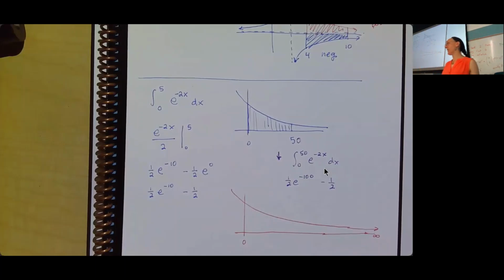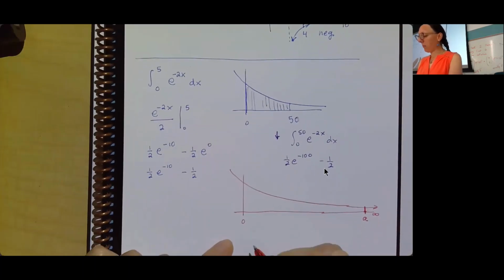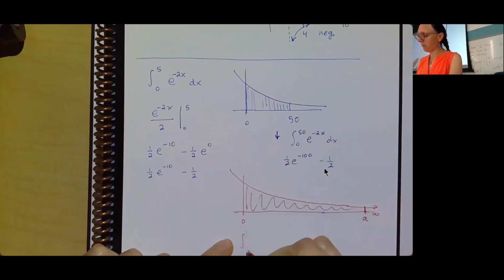The way we've been dealing with infinities all along in calculus is to think about that as a limit. So what I'm going to do instead is put up a wall right here and call that A. And I'm going to write what my integral would look like to find that area from 0 to A.